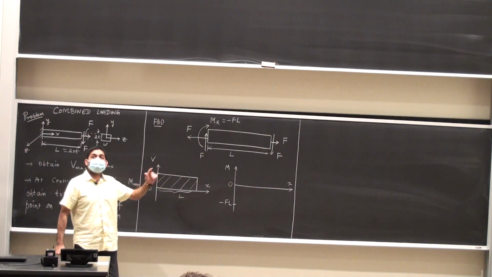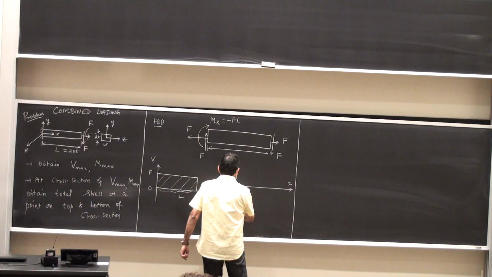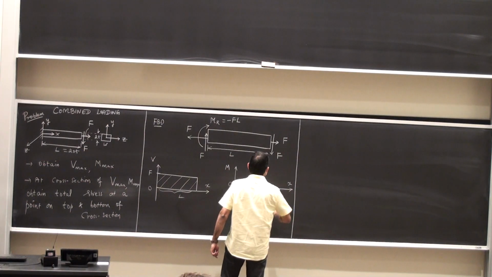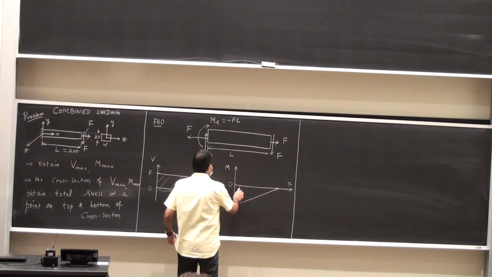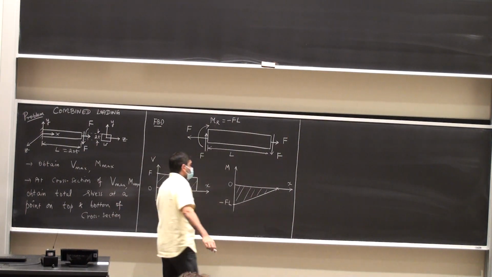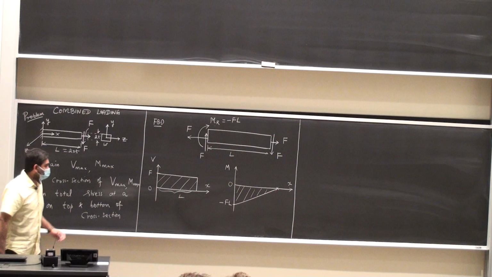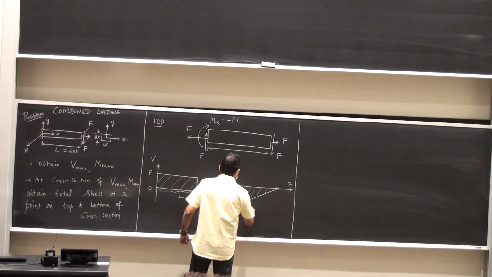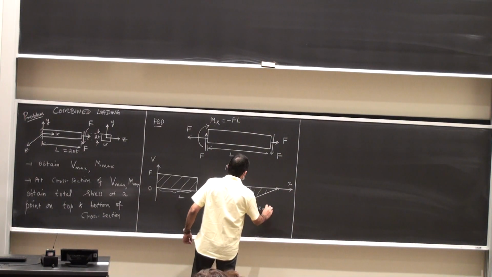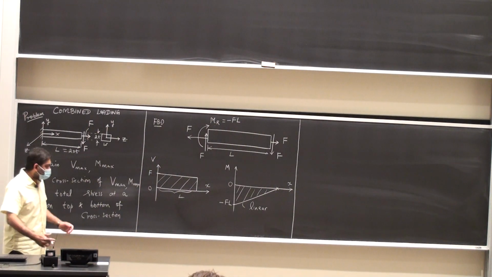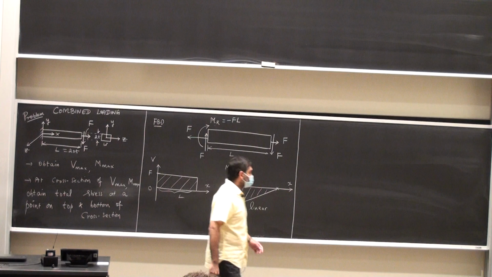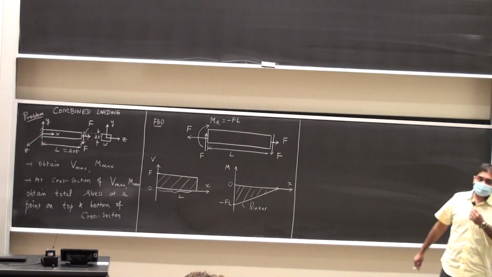So I'm going to go along a linear path all the way to 0. So this is the bending moment diagram. So this is linear. We'll start solving more complicated problems as time goes on. Okay. So bear with me as we get through the basics.